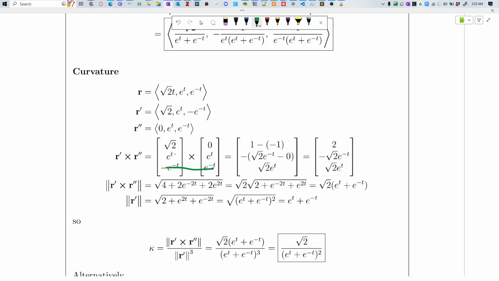And then for the last component, you have this submatrix. Main diagonal is 2 times e to the t. Antidiagonal has a 0, so you just end up with that expression. And then you can clean that up a little bit. From there, we want to take the magnitude in order to fit it into the expression that we're trying to calculate.